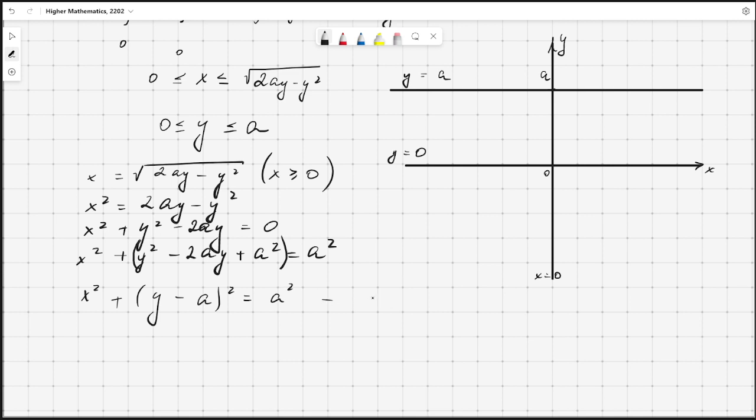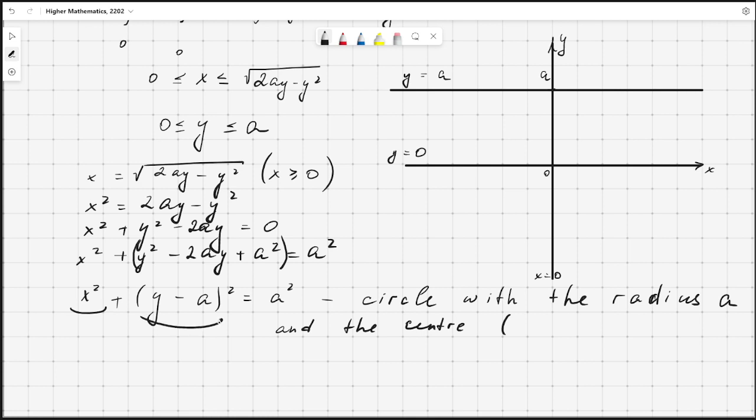This is a circle with the radius square root of a squared, it means a, and with the center with coordinates x is 0, y is a.